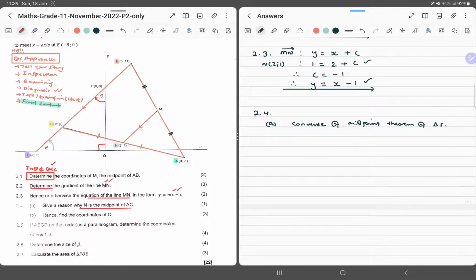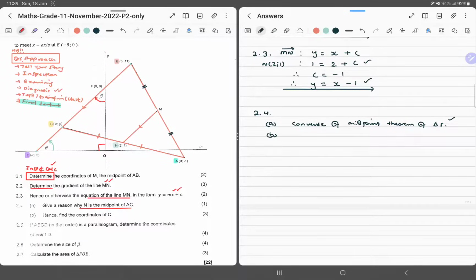But now we are also given the fact that this is cutting the other side in half and it is also parallel to the third side, therefore it should cut the other side in half. So I think that is the best way you can go about it. So you get your 1 mark.